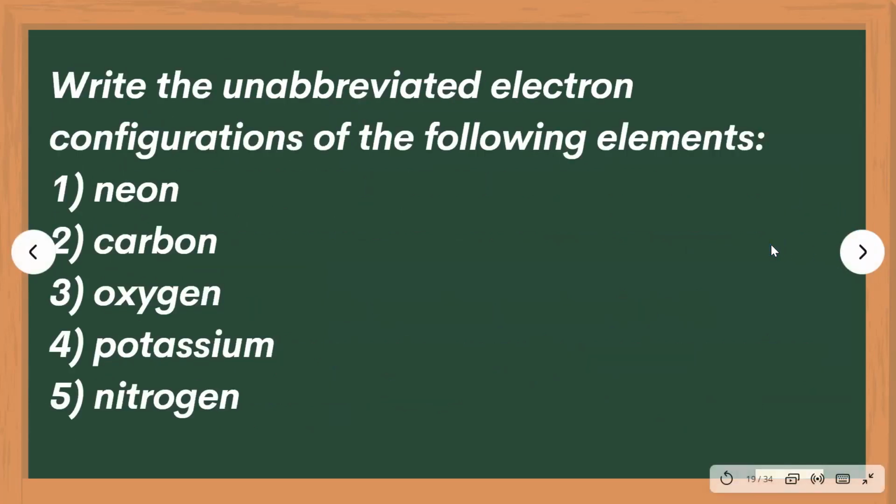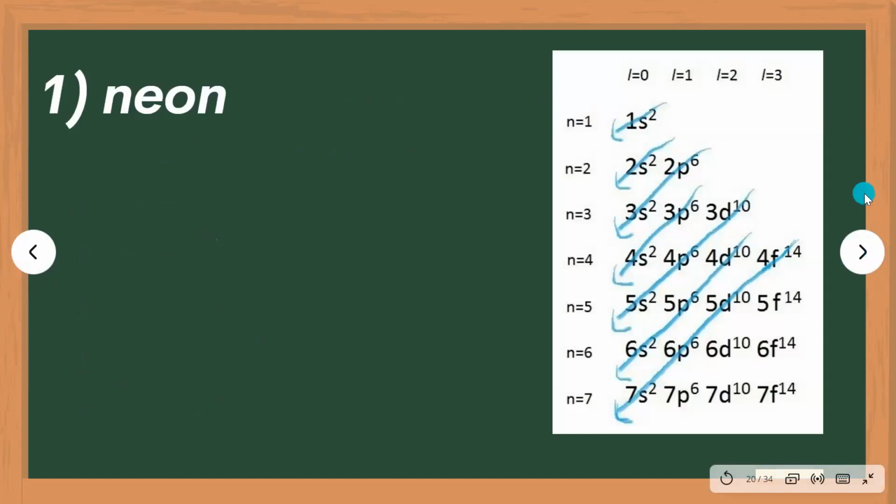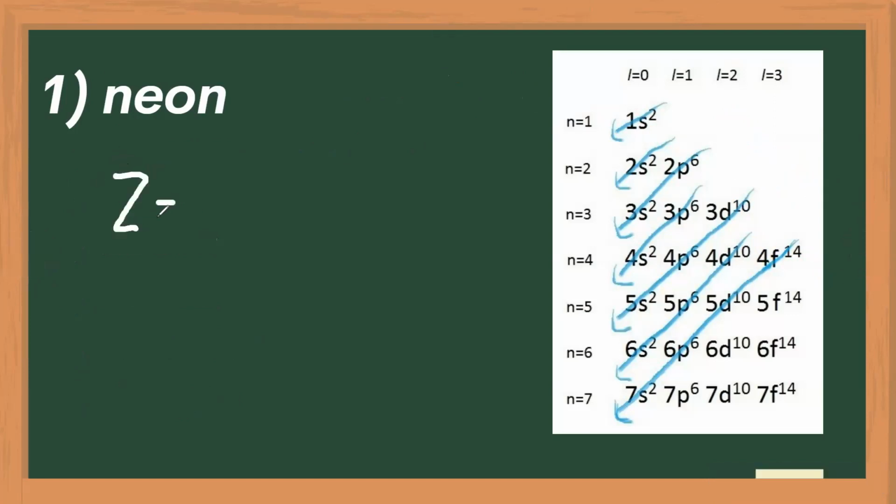So let's try the following: the abbreviated electron configuration of the following. First, let's start with neon. For neon, using the Madelung rule, we start with knowing how many electrons neon has. Neon has 10 electrons because its atomic number is 10.